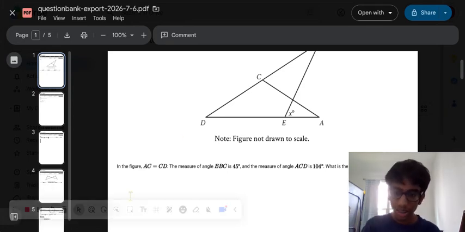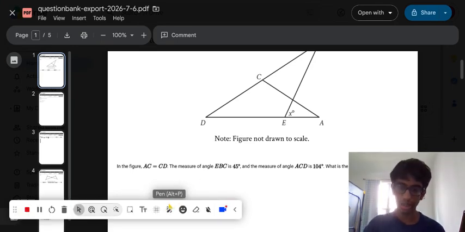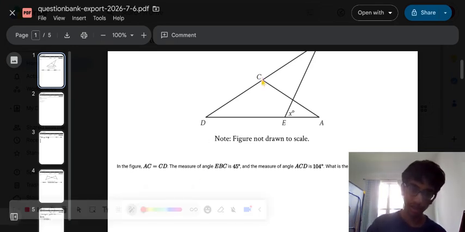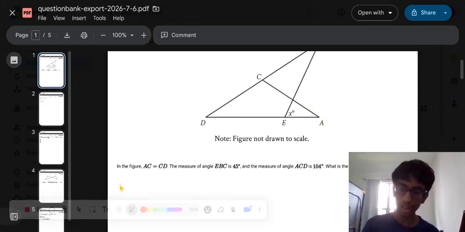AC right here is this line from A all the way to C. One way you can represent this is by drawing this line right here, and that is equal to CD, which is from here all the way to here.